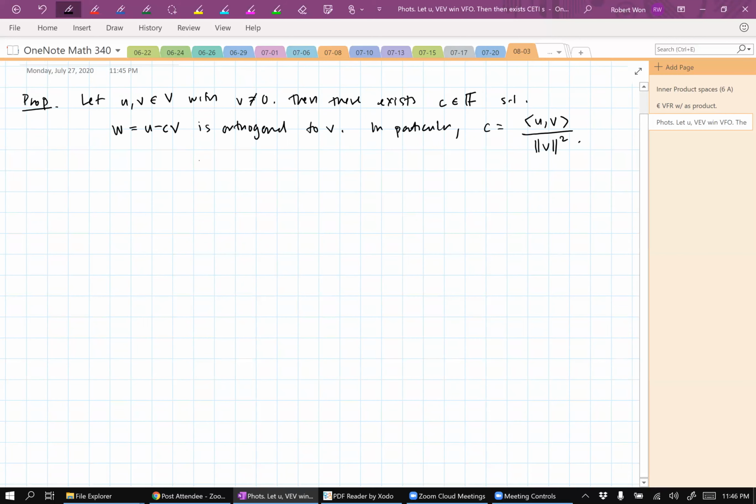Okay, so here's the picture. Maybe I'll draw it off to the side. So we have a vector u here. We have a vector, let me just make it a bit shorter, v here.